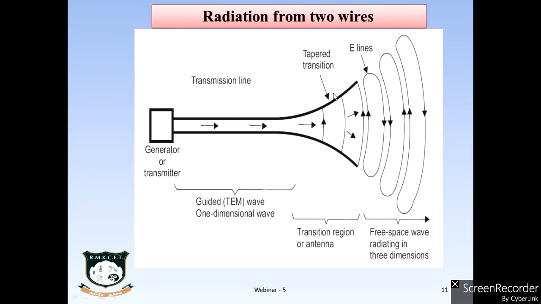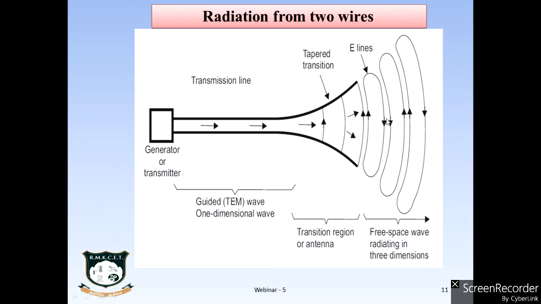So we increase the distance between the two wires, then the electromagnetic field gets exhibited, and this place is called the tapered transition, where we have the electrical field present. Now this is a generator, this is a two wire line, and in order to have the electromagnetic field generation, we taper the transition section where electromagnetic fields will be generated and through which the radiation occurs between the two wires.